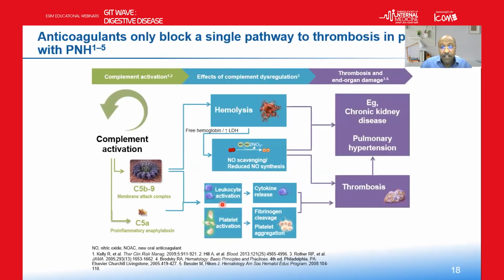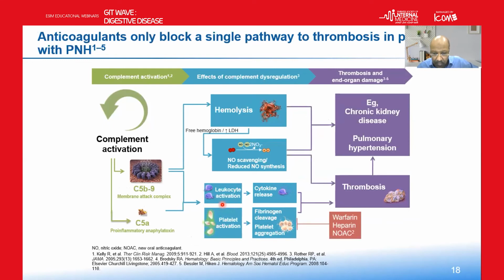So if you want to manage thrombosis in PNH, it is important for you to know that anticoagulants are not the only answer, because anticoagulation blocks a single pathway. And as I showed you, thrombosis is multifactorial.